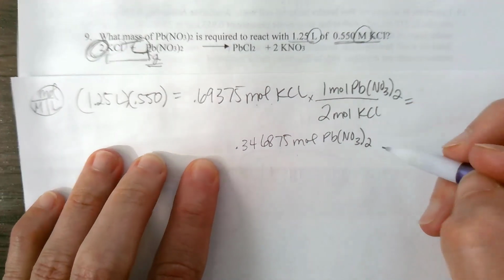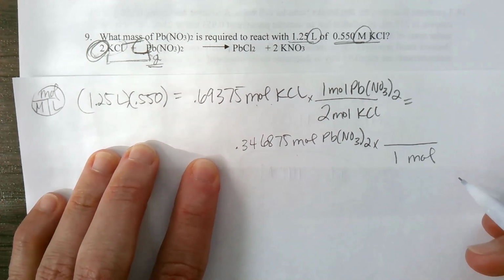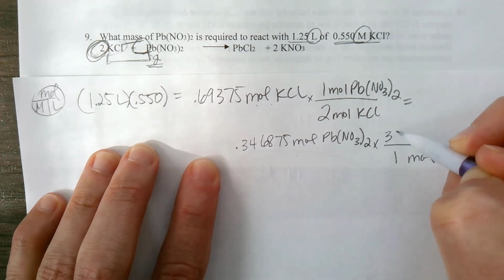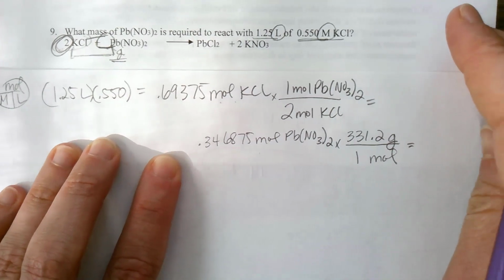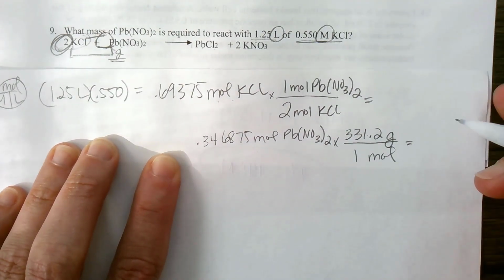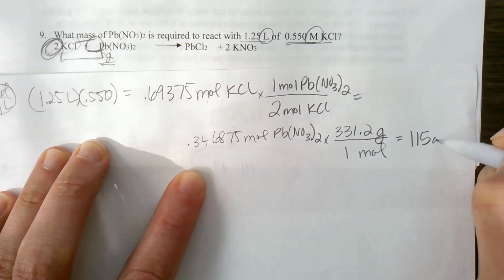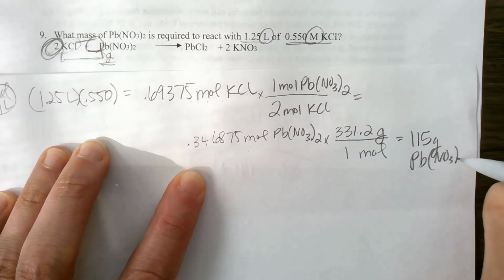And we know if we have moles, we can go to grams just by finding the molar mass. The molar mass of lead nitrate is 331.2. So multiply across and divide by 1, and finished with 3 significant figures, should give us 115 grams of Pb(NO3)2.